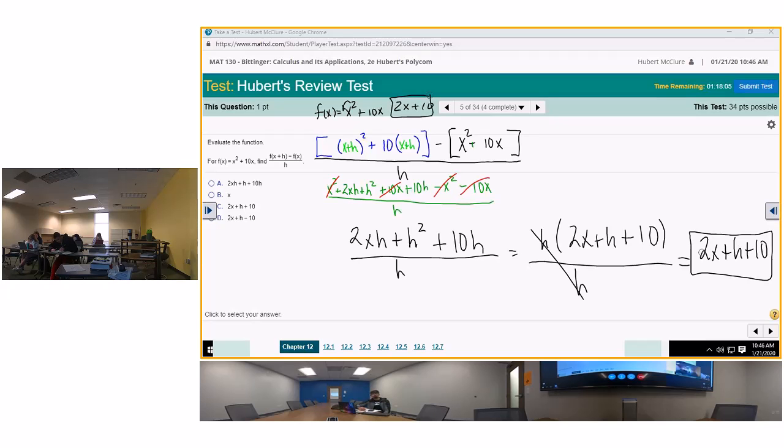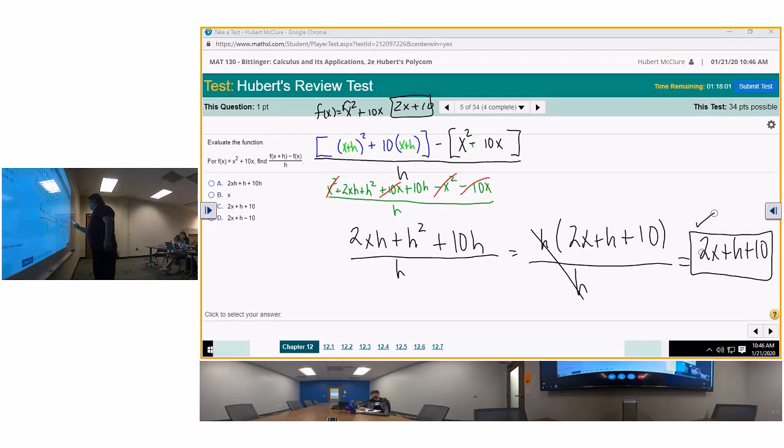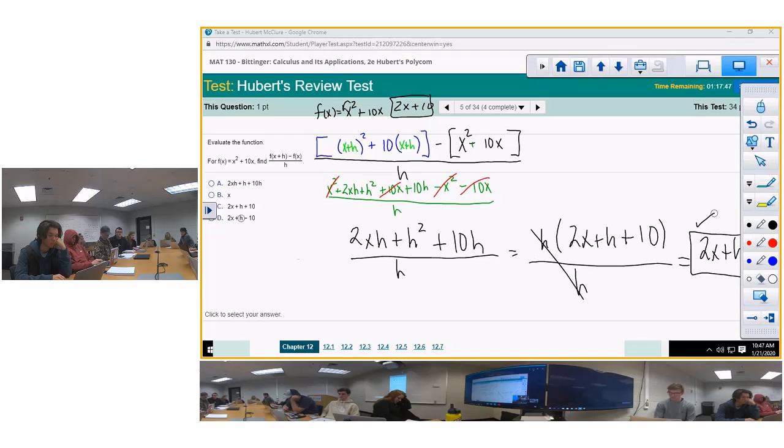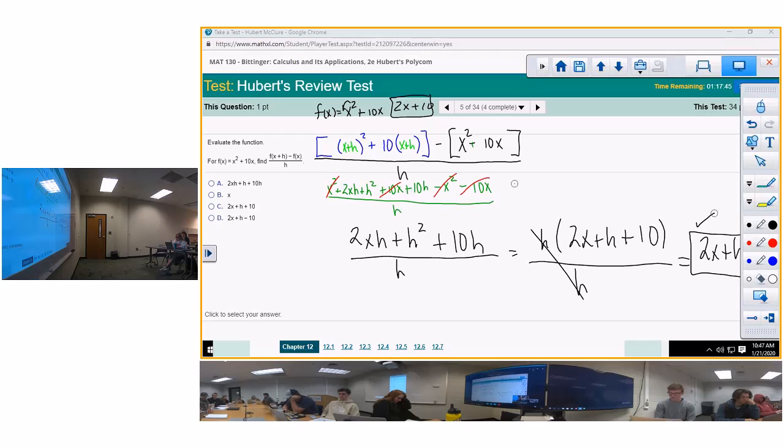So that's right, this is the answer. Just ignore my 2x plus 10, that's what we're going to learn next. So that's 2x plus h. Charlie? Yep. Well, at least we know it's not all B's now. Next.